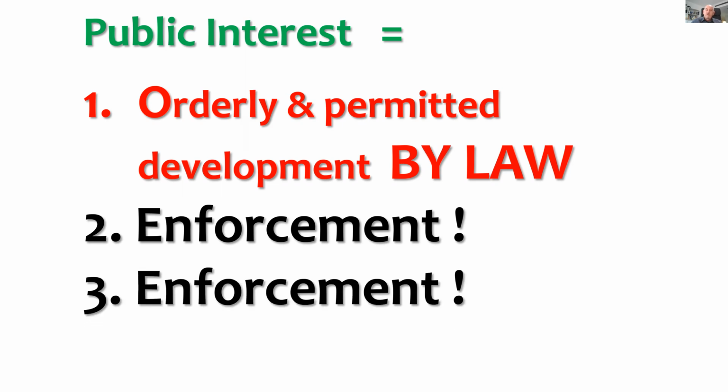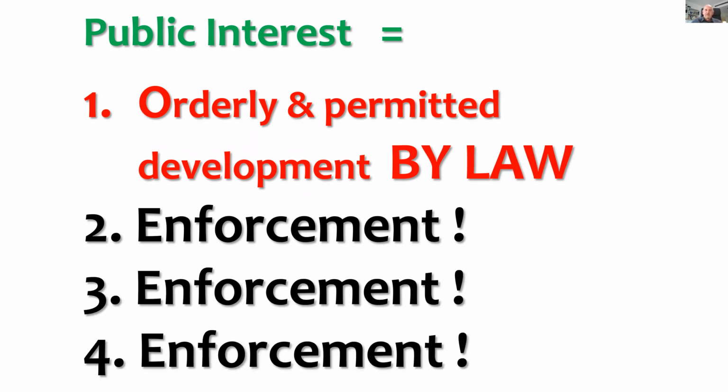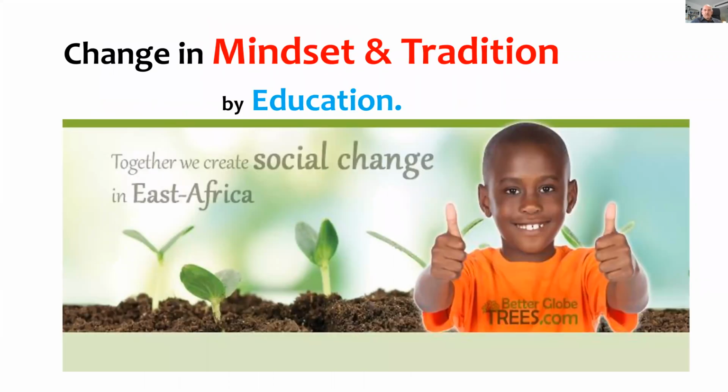And the fourth one is also enforcement, meaning that in order to do development for the public interest, you have to make it enforced by the government everywhere, in every level of planning, every level of implementation. Which means that the mindset and tradition must be changed, of course, by education.